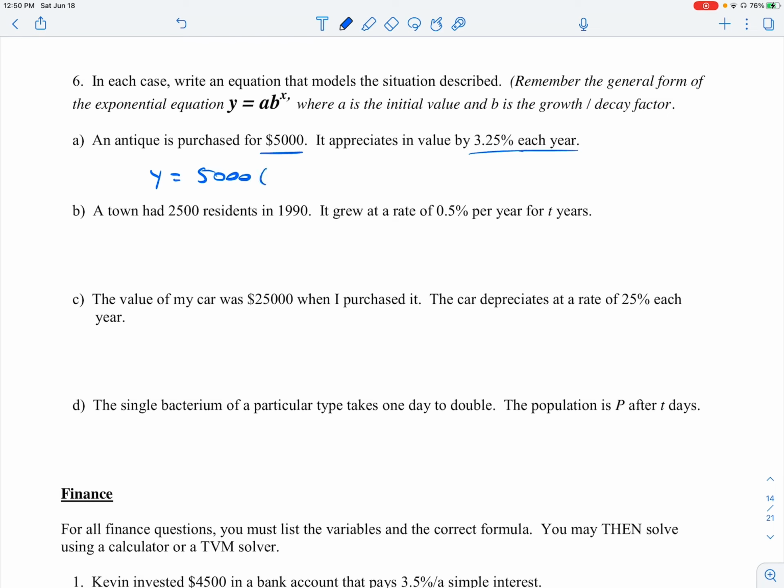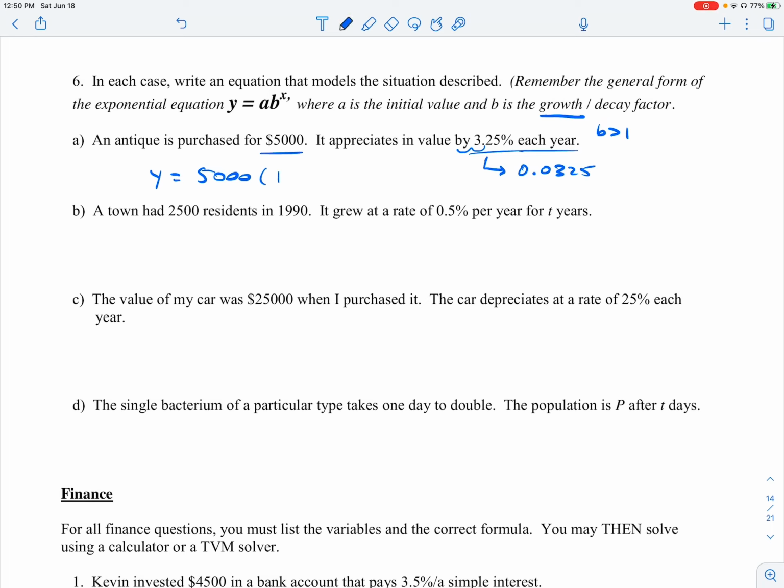The growth factor, now here we have to be a little bit careful, okay? For there to be growth, the base has to be greater than 1. This is a percentage. This always needs to be converted to a decimal. That means we got to move this over 2 to the left. So we get 0.0325. Notice this is a lot smaller than 1. So in order to get growth, this has to be added on top of 1.